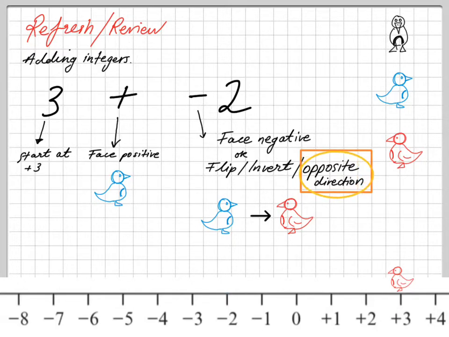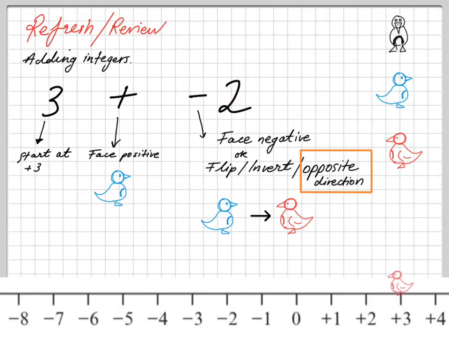So it goes from positive to negative. That's the reason why we start at 3 moving towards the negative direction. Because we're now facing the negative direction, we move 2 units, because the number says 2 there.